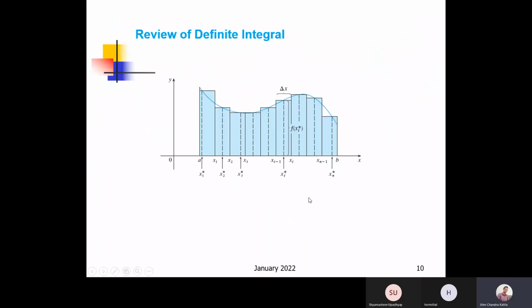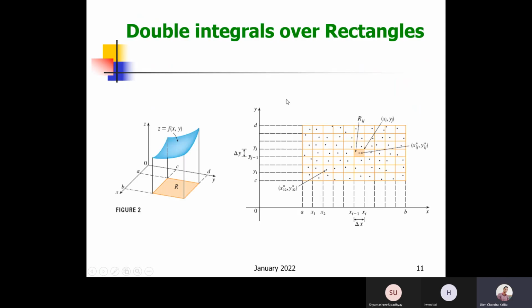So this is for a function of a single variable. This is what we have done. We consider a rectangle R in the xy plane, given by [a,b] cross [c,d].